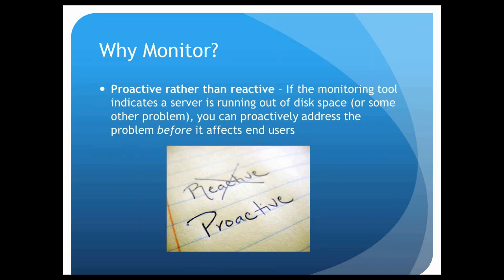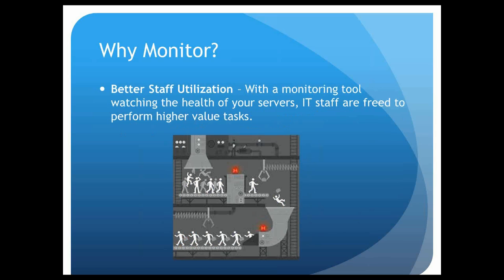So if the monitoring tool indicates a looming problem, like the server is running out of disk space or some other thing, you know that if you ignore that problem, you're going to have downtime. But if you can get ahead of it and proactively address it before it affects the end users, then that is a much better way to handle things, and the end users don't even know about it. It's sort of happening invisibly behind the scenes.